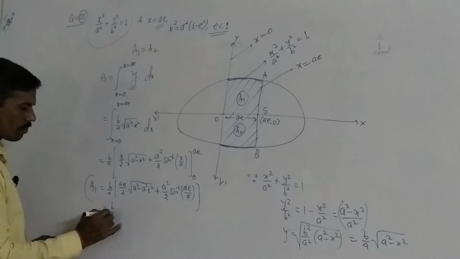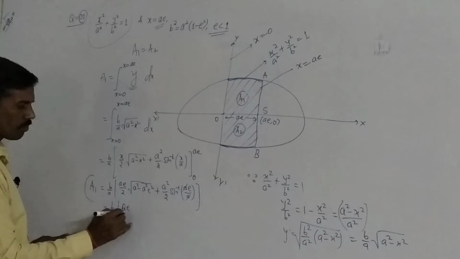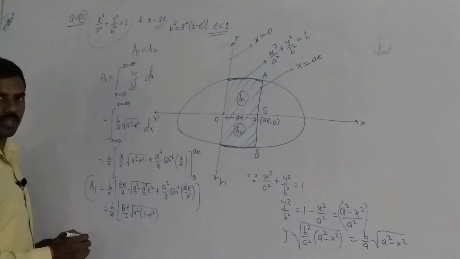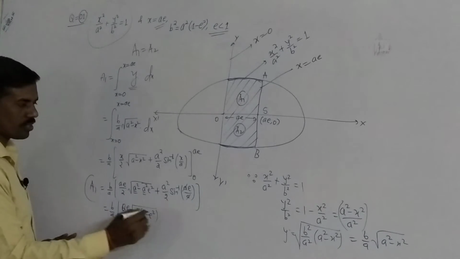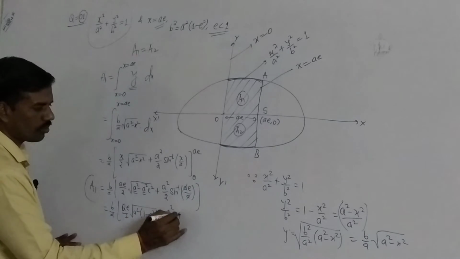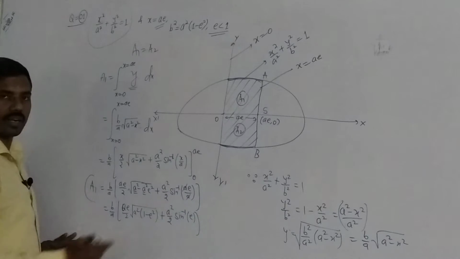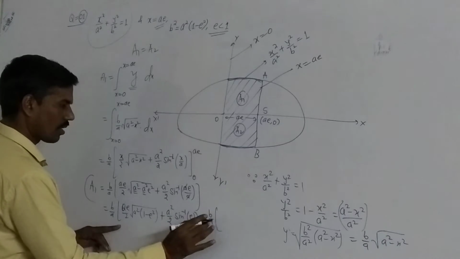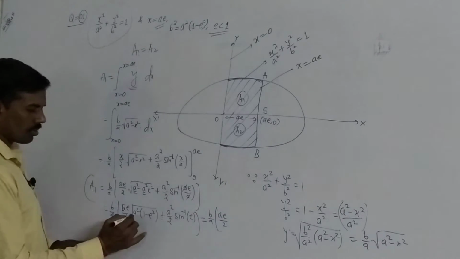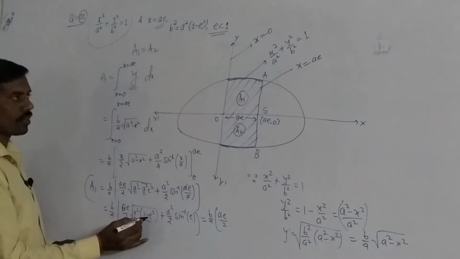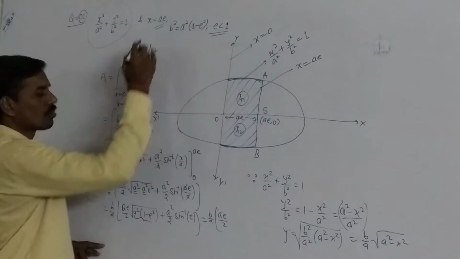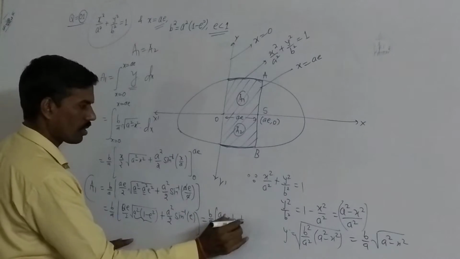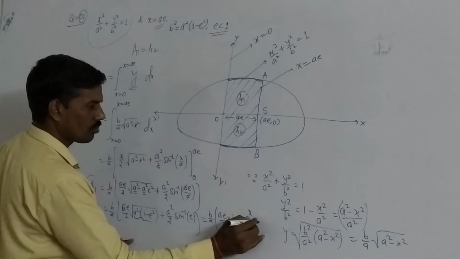When we take a square as common, we get 1 minus e square under the root. Look, a square into 1 minus e square is equal to b square, and under root of b square is b. So this is b into b plus a square upon 2 into sin inverse of e.